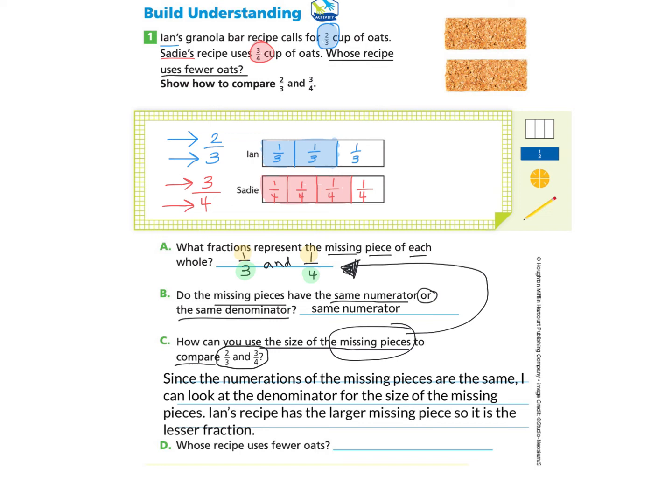And we also see that up top here. Again, Ian's piece here is larger to completing the whole, so we know that his recipe is definitely the lesser fraction. So we can answer Part D. Whose recipe uses fewer oats? We would say Ian's recipe.